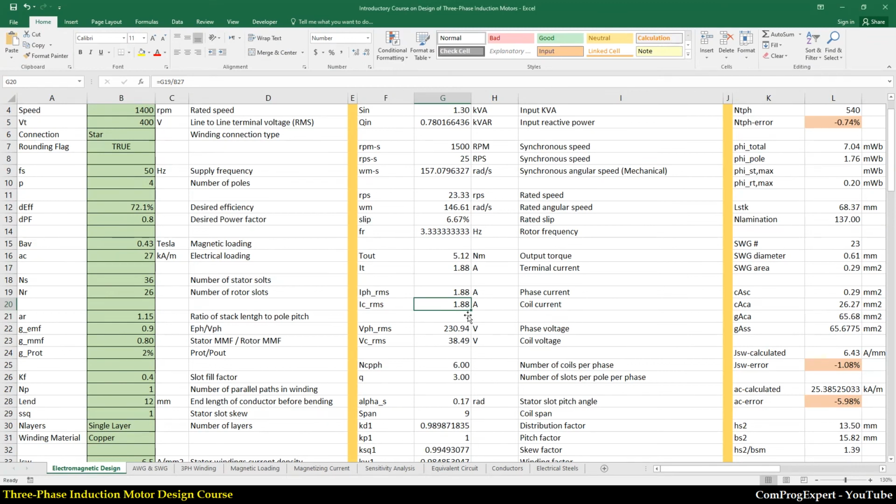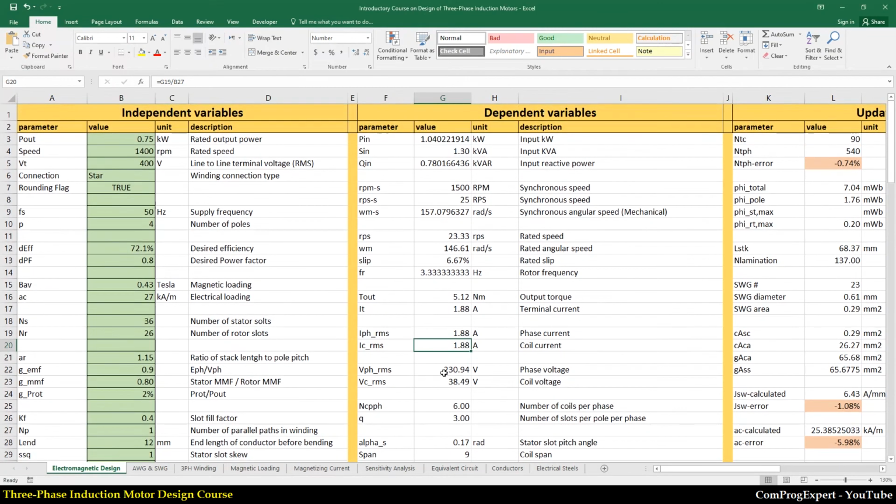I implemented this equation here because I selected the star connection. The RMS value of phase voltage is equal to the terminal voltage divided by sqrt of 3. The phase voltage in my case is 230, right?